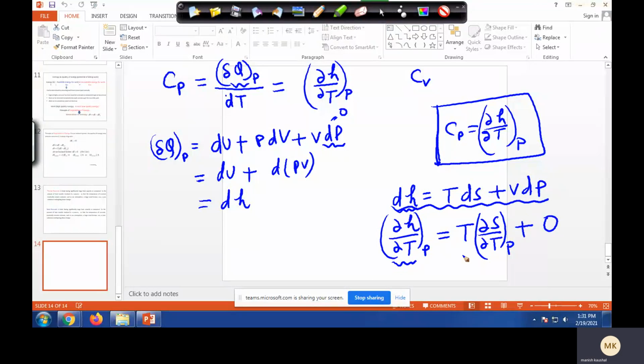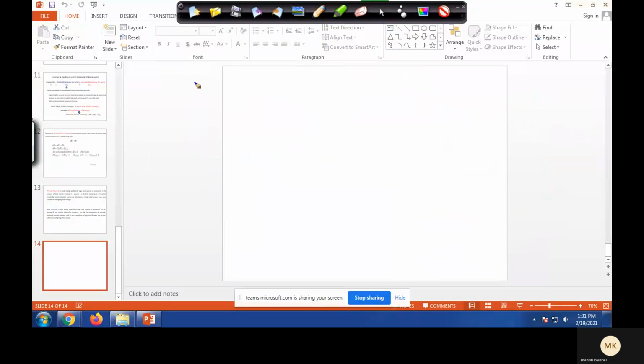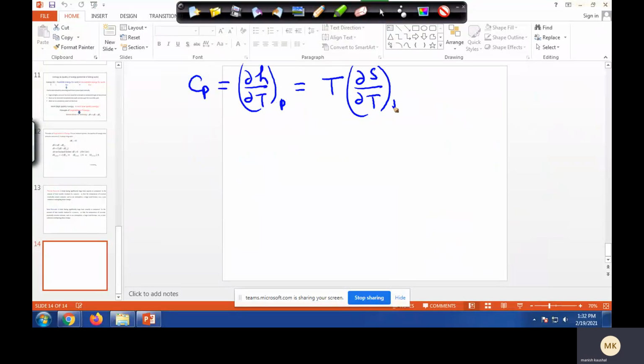So ∂H/∂T at constant P comes out to be T ∂S/∂T at constant P. So for Cp, of course this you will remember, ∂H/∂T at constant P, this is also equal to, in terms of S and T, T ∂S/∂T at constant P. This is also going to help a lot.